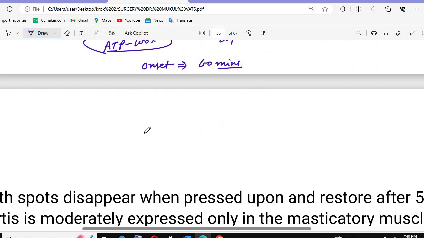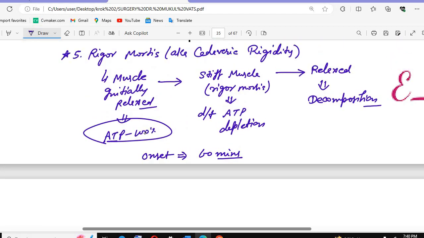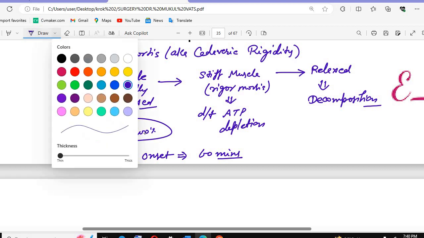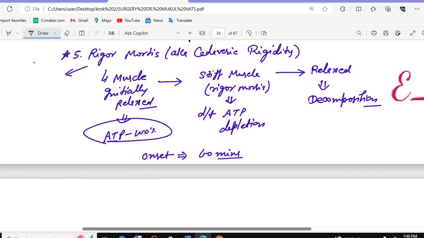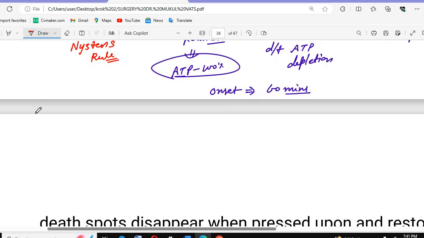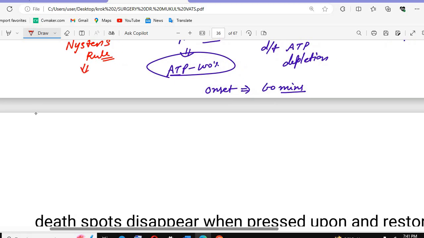Now, to check the progression of rigor mortis, progression is judged with the help of a rule, and that is Nysten's rule. Nysten's rule says the sequence of muscle stiffness involves groups of organs.